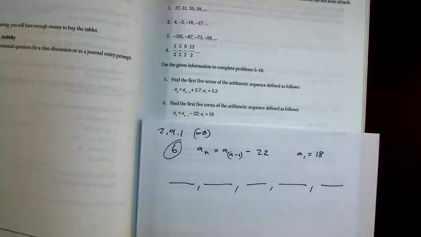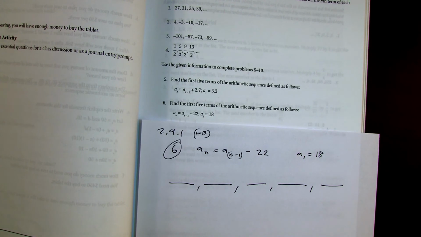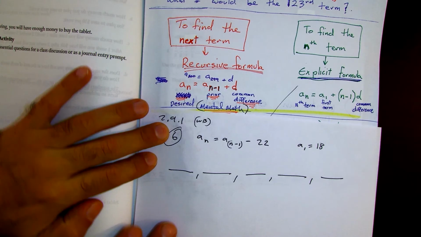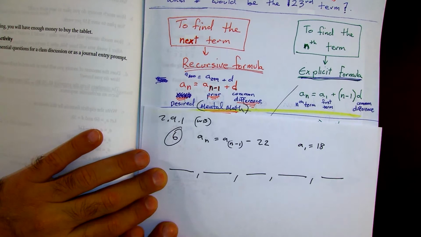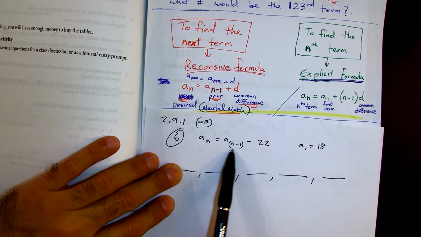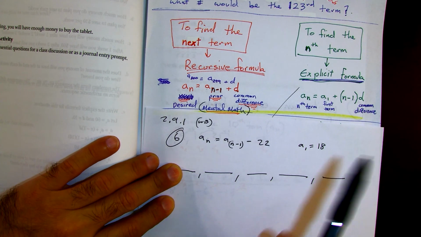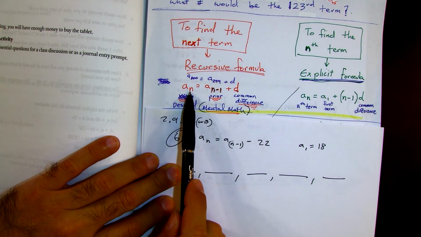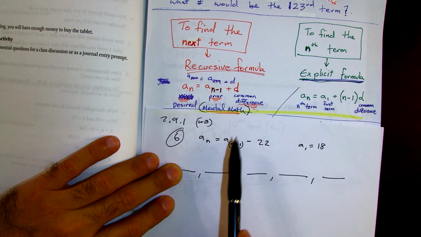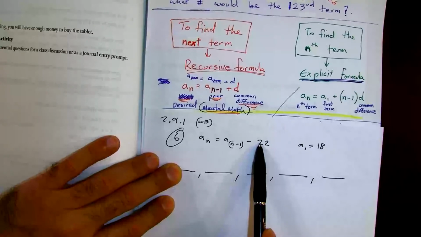Just to recall, let's go back and look at this, trying to match it with what formula we have. Does this look like recursive or explicit? Yeah, so here it's a sub n is equal to a sub n minus 1, the prior term, plus our common difference.